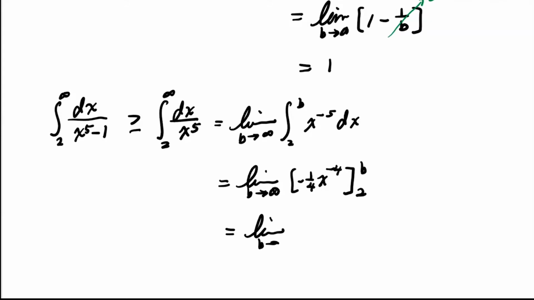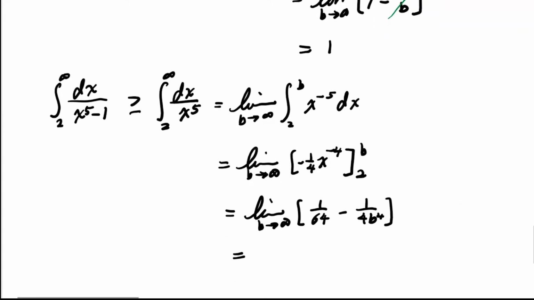Plug in 2, 2 to the 4th, 16 times 4, 64? Do I have 64? Somebody check my algebra. This is too much algebra. And then -1/4 b to the 4th power. Good. And then this thing dies, right? So this thing dies. So wow, great, right? So what we get is 1/64.